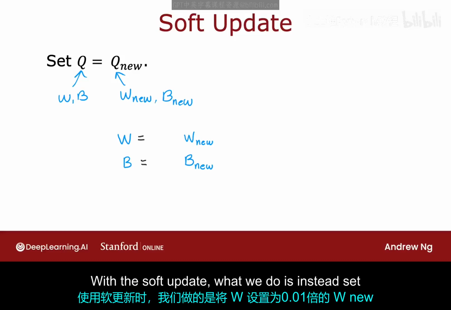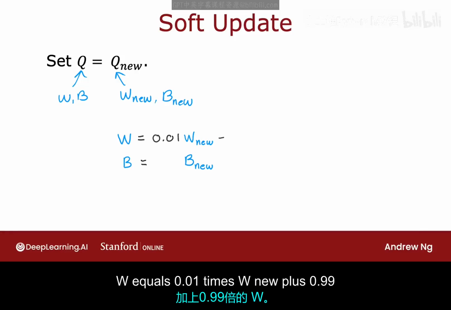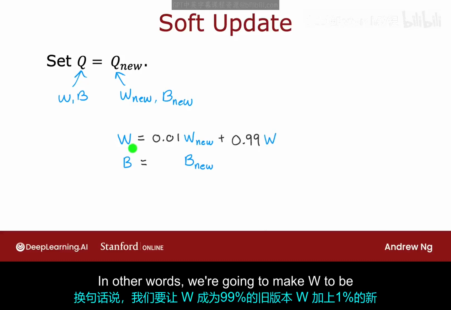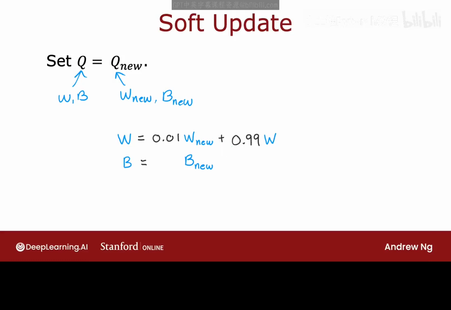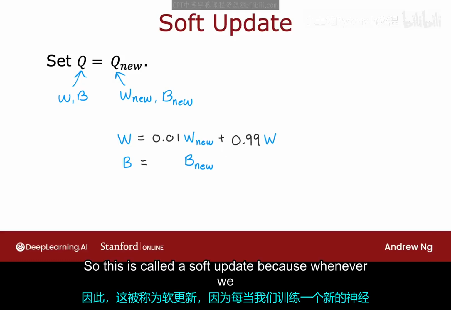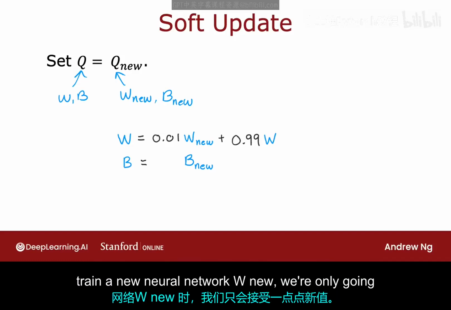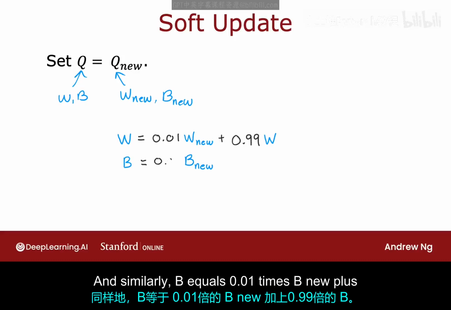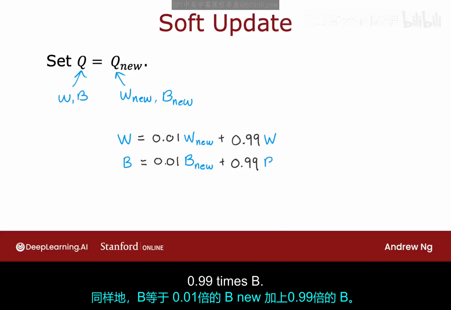With the soft update, what we do is instead set W equals 0.01 times W new plus 0.99 times W. In other words, we're going to make W be 99% the old version of W plus 1% of the new version W new. So this is called a soft update because whenever we train a new neural network W new, we're only going to accept a little bit of the new value. And similarly, B equals 0.01 times B new plus 0.99 times B.